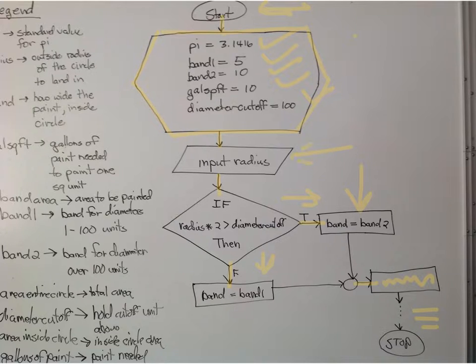This is an input-output box, and you notice here you can do calculations inside a conditional. Take the radius times 2, see if that's greater than the diameter cutoff. Here's the diameter cutoff. If that is true, then we're going to use band 2, 10 feet. If that isn't true, we're going to use band 1. We're going to assign that to band 5 feet.